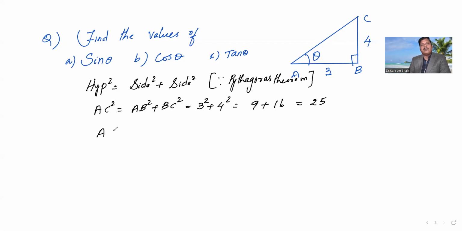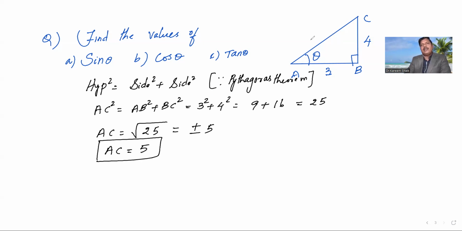So AC equals, when you remove the square, you take the square root. Square root of 25 is plus or minus 5. But here AC is the length of a side of a triangle, and length is never negative. So we can take AC equals 5 units.